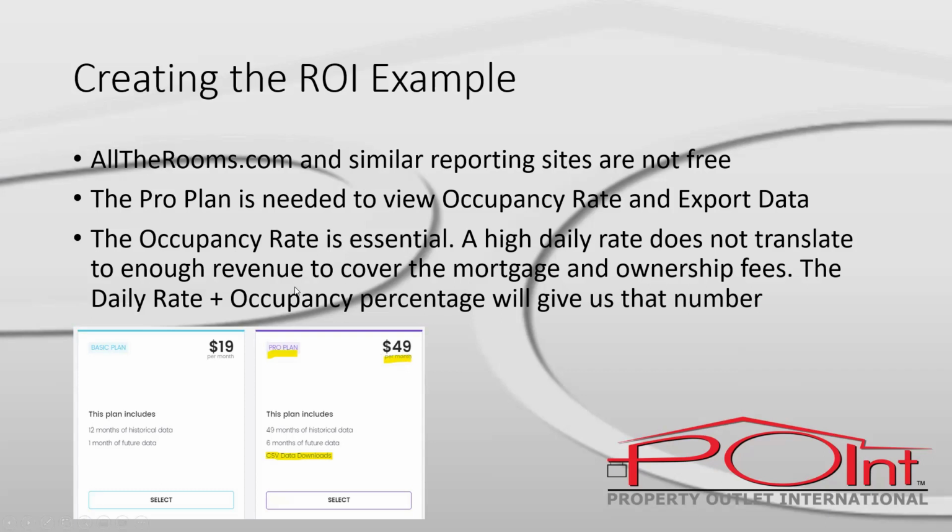So you get the pro plan. You can look at this stuff, but you can't get the real occupancy percentages. To give a truthful example to the client, you really have to get the pro plan. You have to get the average daily rate and the occupancy percentage. That's super important. Yeah, and you have a point. These investors are buying these properties because they want to make money, right?